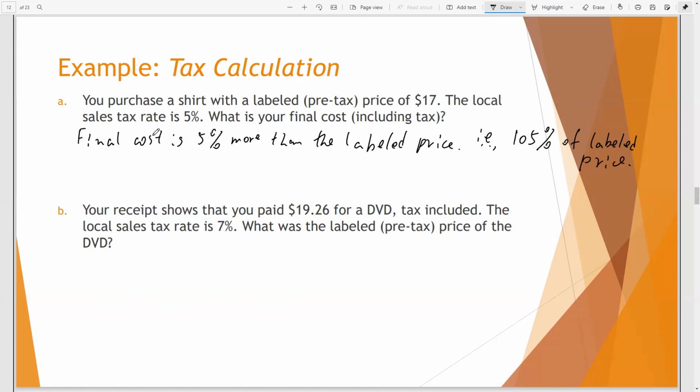Your final cost should be 105% of your labeled price. That means if your labeled price is $17, your final cost is $17 multiplied by 105%. In other words, that's $17 multiplied by 1.05.